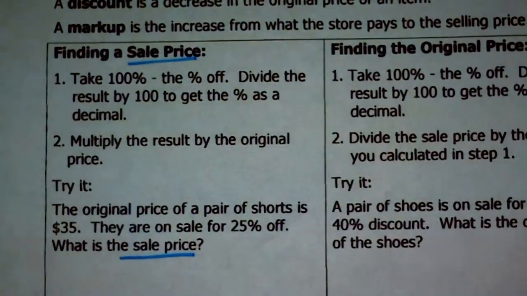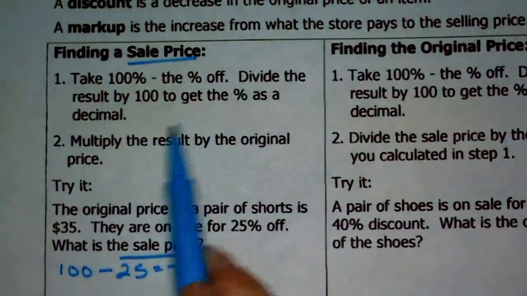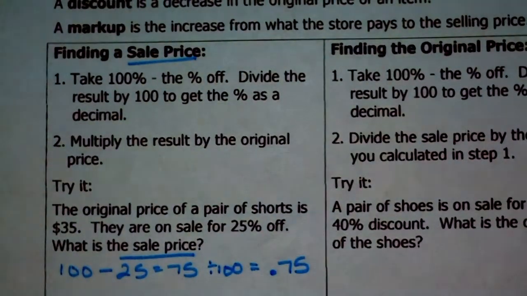So step 1 says take 100 minus the percent off. So if they're on sale for 25% off, I'm going to take 100 minus 25, and I get 75. And then it says divide the result by 100 to get the percent as a decimal. So when you divide that by 100, we get 0.75. It makes sense.